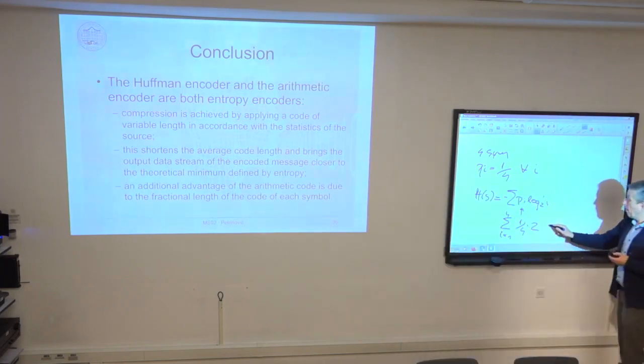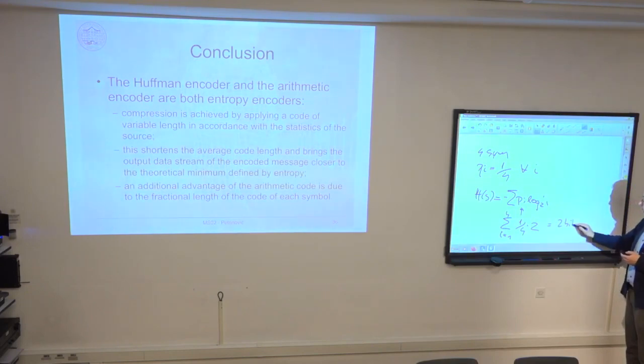What I get is 2 bits. So the entropy is 2 bits if I have 4 symbols of equal probability, 1/4.